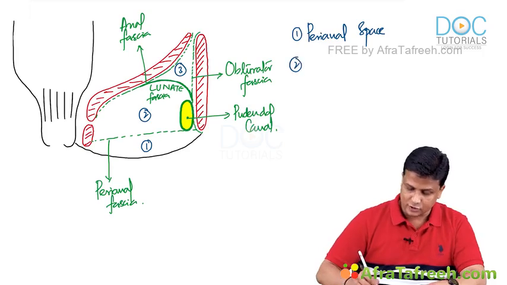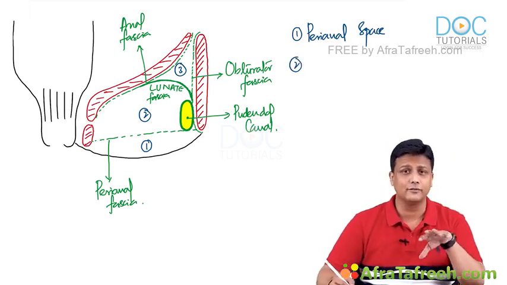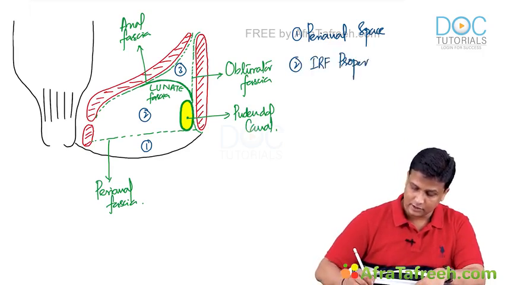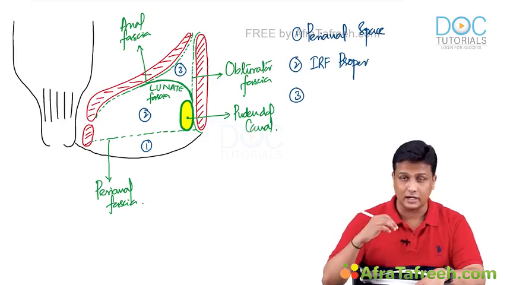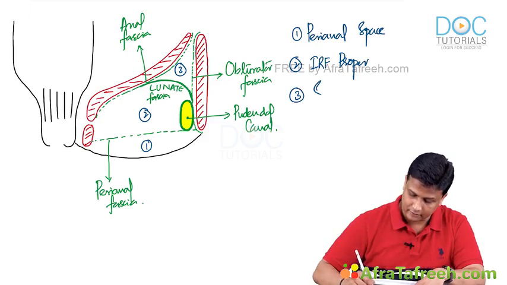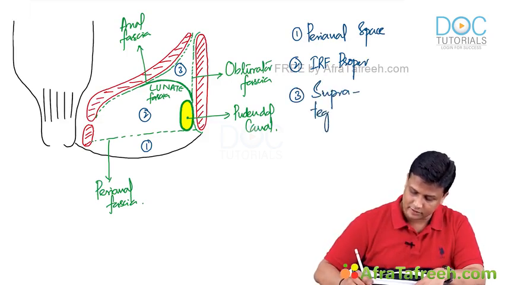Number 2, that is the actual ischiorectal fossa, that is the reason why it is known as the ischiorectal fossa proper. And number 3, the part that you are able to see above the lunate fascia, that will be the suprategmental space.